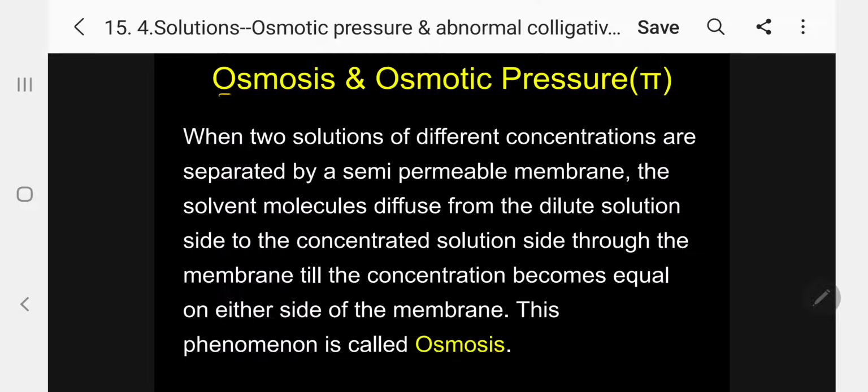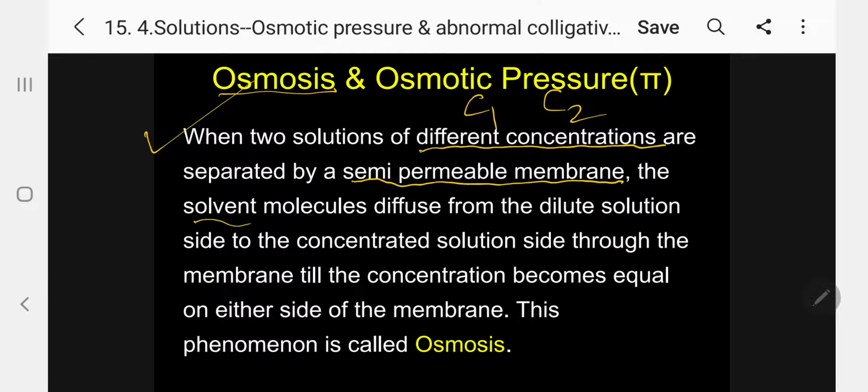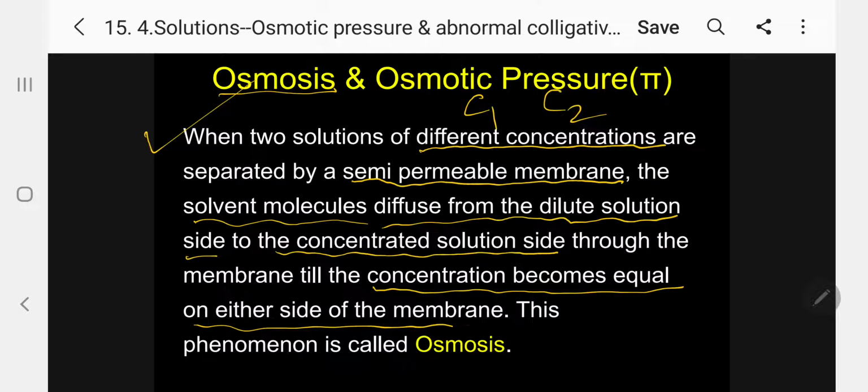First, let me take osmosis. When two solutions of different concentrations, say for example C1 and C2, are separated by a semi-permeable membrane, the solvent molecules diffuse from the dilute solution side to the concentrated solution side through the membrane till the concentration becomes equal on either side of the membrane.